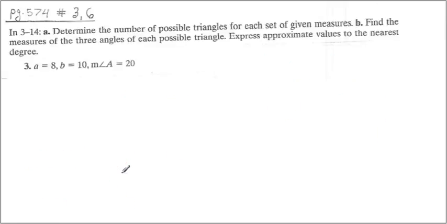Alright, let's look into the next question here. Determine the number of possible triangles for each. In this case, there are a few ways for us to approach this one, but let us try to use the law of sines here.